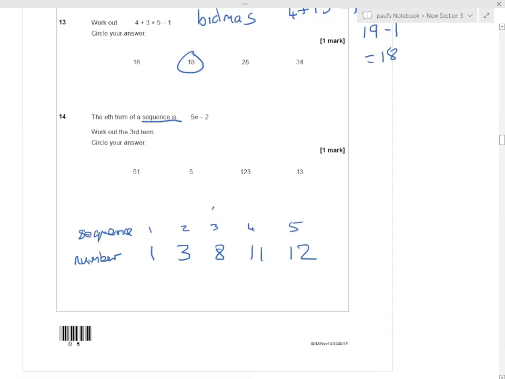So we're looking for the third number in the sequence. So we've got 5n minus 2. So all we do is replace the n with the number 3. So we get 5 times 3 minus 2, which is 15 minus 2, which equals 13. And luckily enough, it's there.